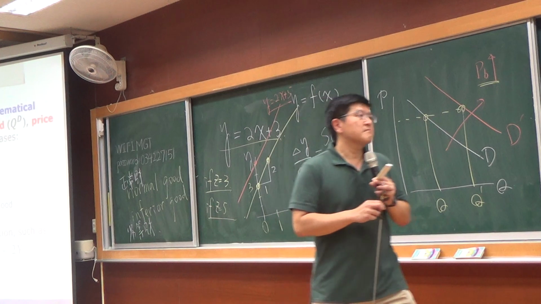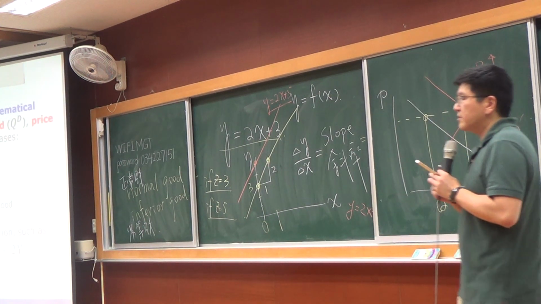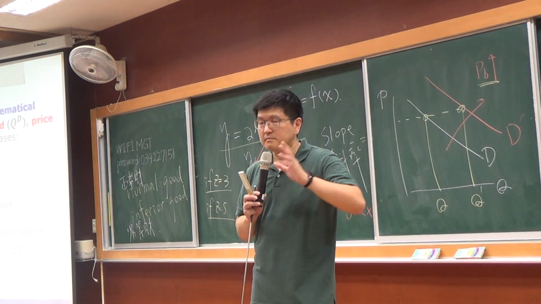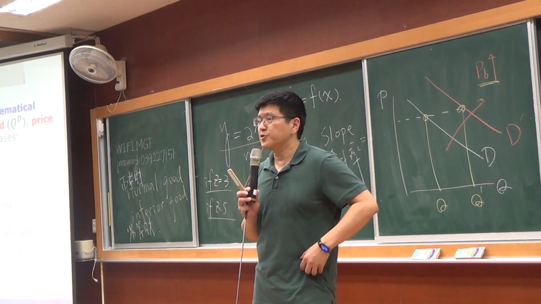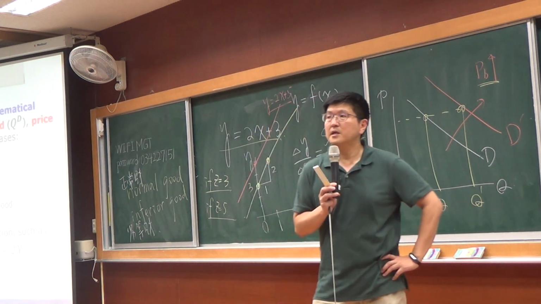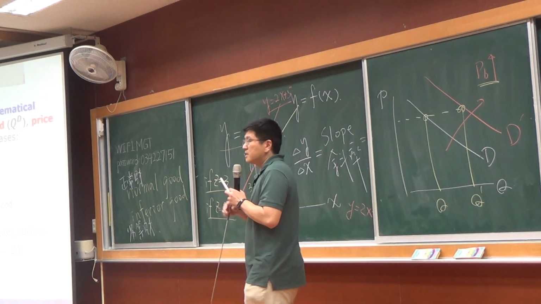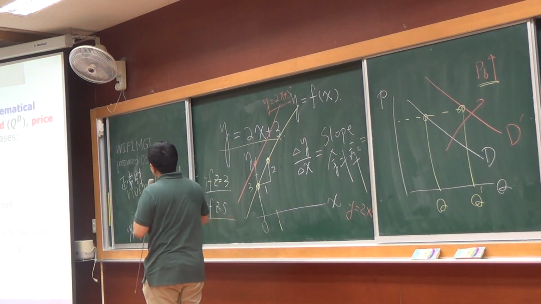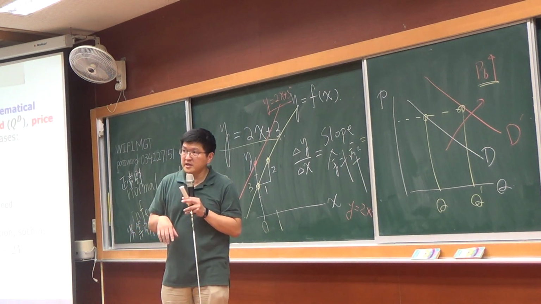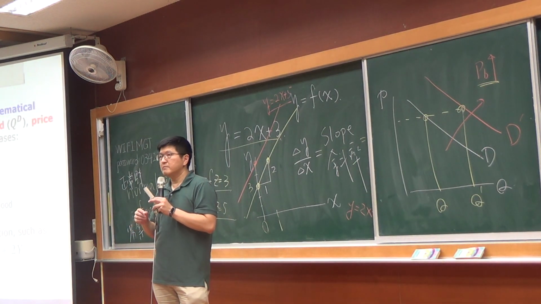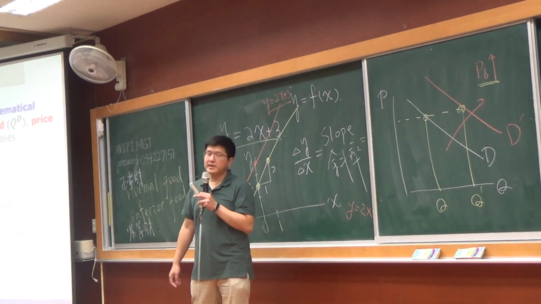So it is not necessarily that an increase in your income raises your quantity consumed. It depends what kind of good you're talking about. If the good is a normal good, then the relationship between the quantity demanded and your income should be positive. Otherwise, it is a negative one.